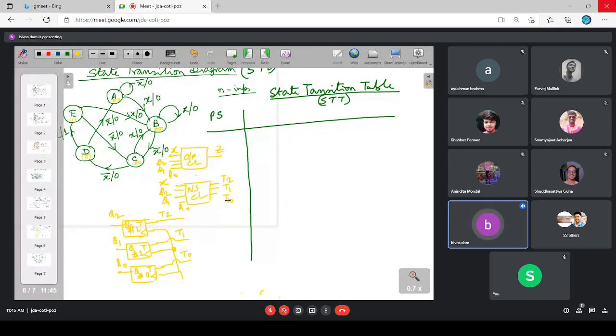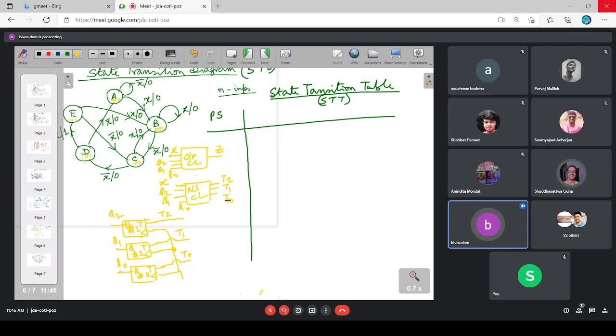But is there anything else to be designed for this sequential logic circuit? The memory block part is already designed. But to complete the design of the sequential logic circuit, is it the only one that needs to be designed?